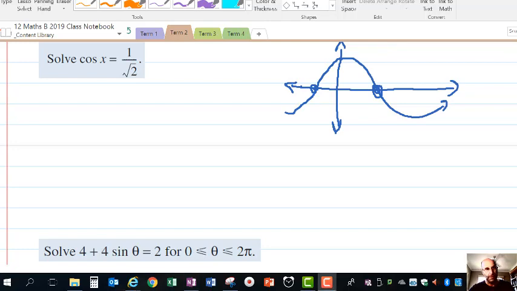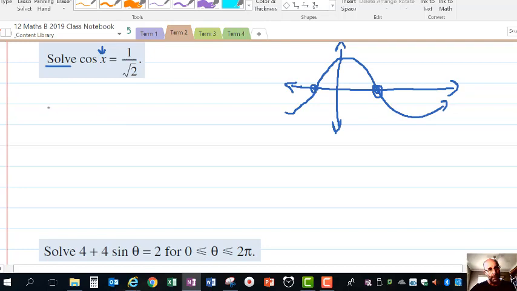And calculators typically don't give those values. So we need to understand by hand methods. Looking at an example here, cos of x equals 1 on root 2. So we have to solve that for x. So what is the value of x? It's the angle or the real numbers that correspond to the solutions for x. And of course there's no domain restriction there. So we will have an infinite number of solutions, and we also need to work out how do we write that infinite number of solutions, because you'll be there forever.